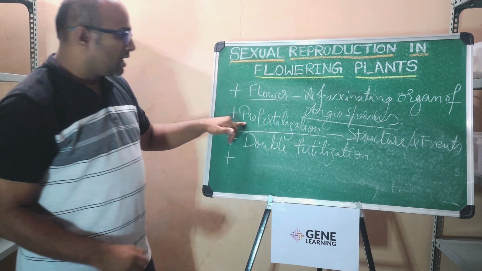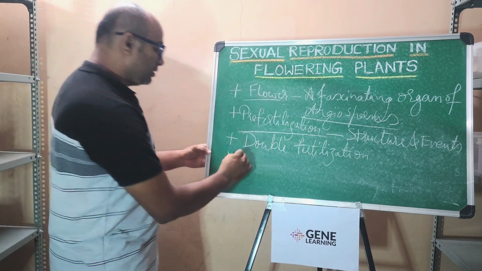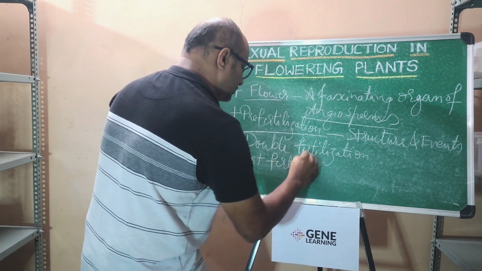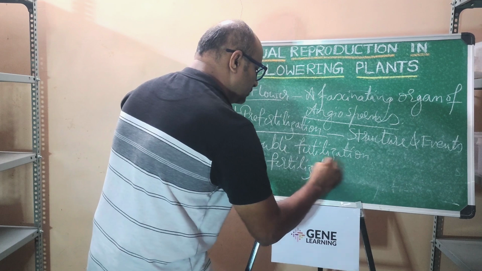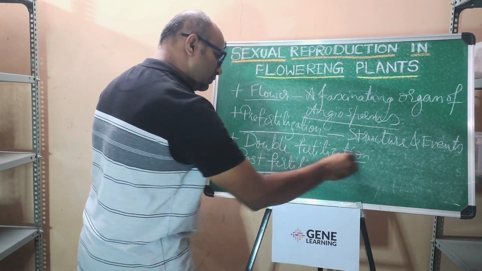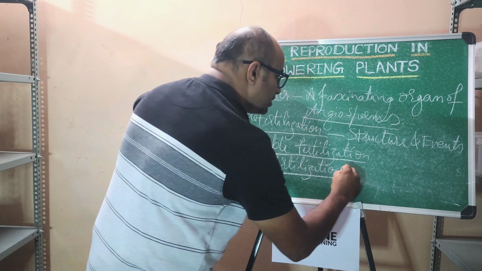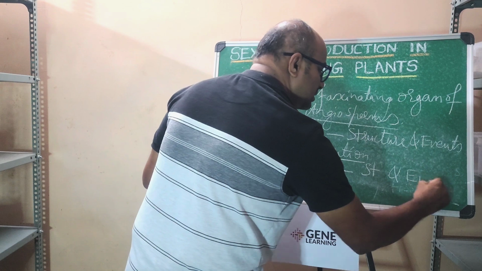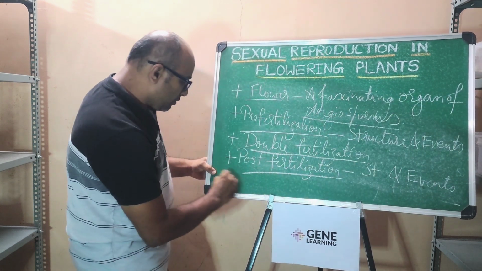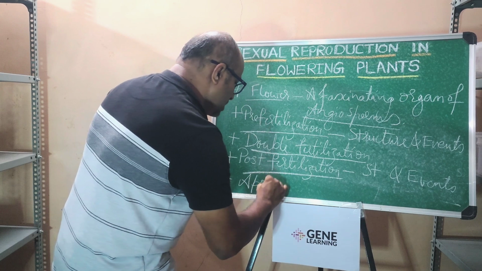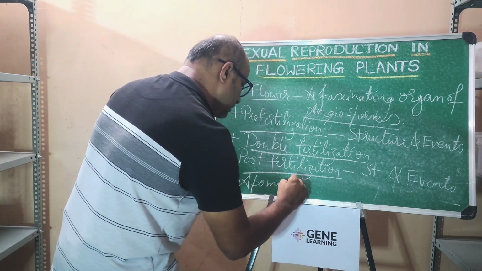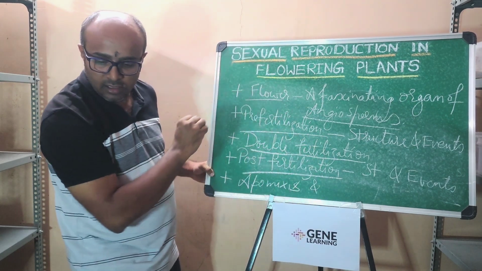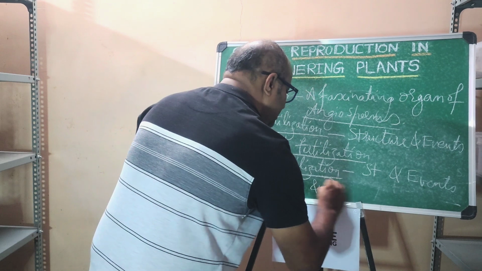Then again, we come back to post fertilization, again structures and events. I'll get back to you on what these mean. And finally, we have apomixis and polyembryony.